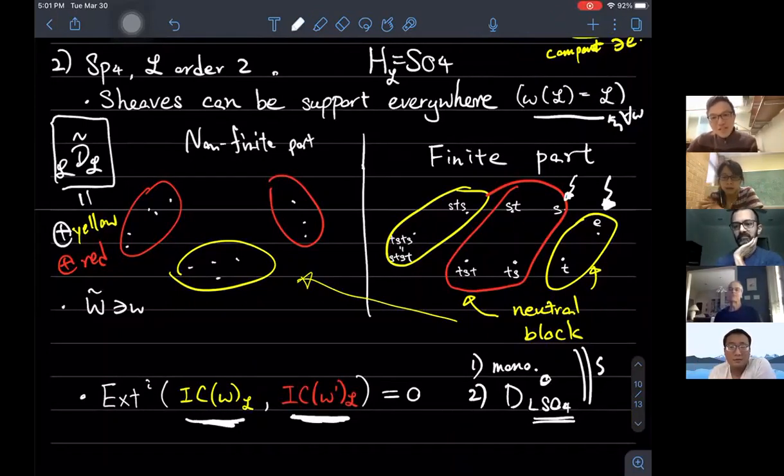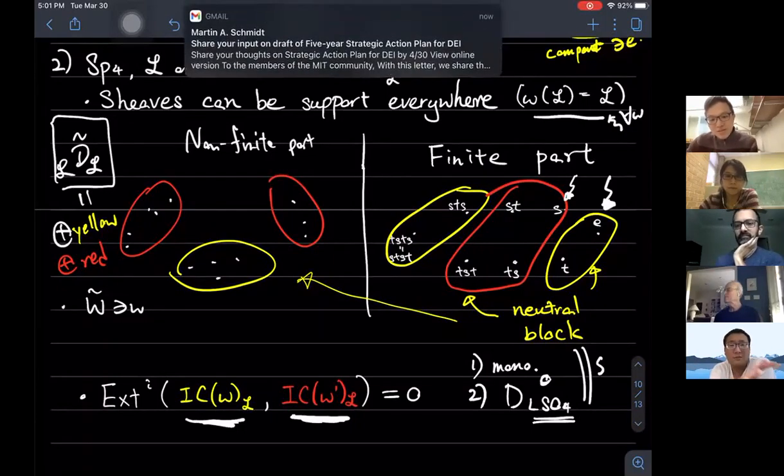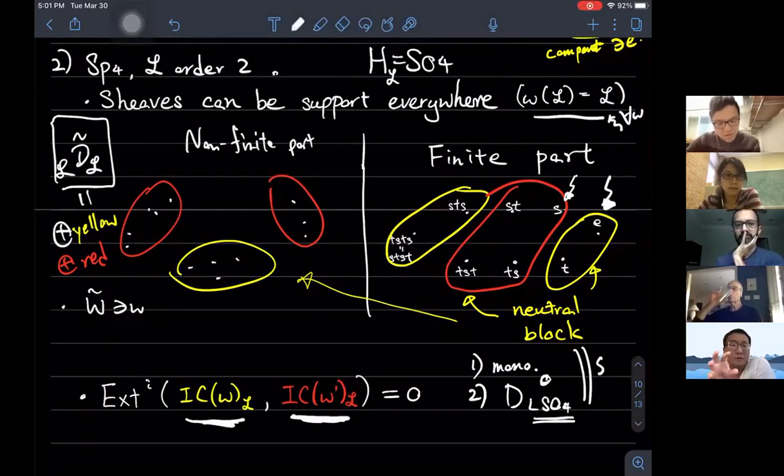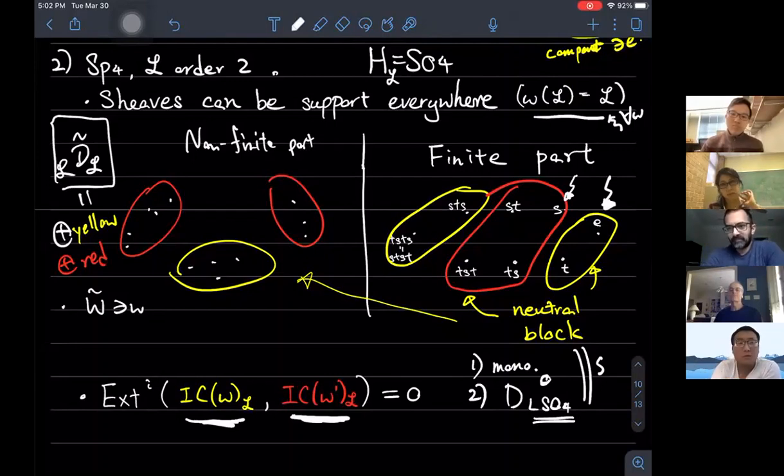Yes. So do you think it's possible that these two things as module categories are equivalent? Does it make more sense? So instead of being equivalent as monoidal categories, you have shown that they have the same neutral blocks. Then can you say that the two module categories over the same neutral blocks are equivalent as module categories?